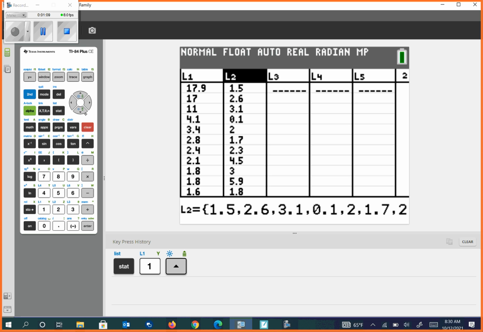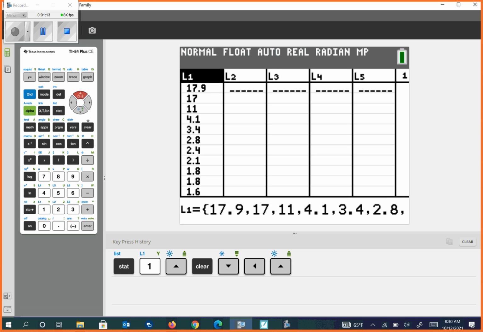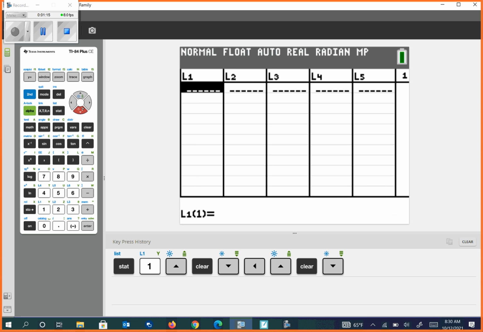All right, so I'm going to start from the bottom of the list and go up. And being that this is a time plot, I don't have to have 2002, 2003, 2004, 2005, etc. I can, but that sometimes becomes extra information. So it's up to you how you want to set your data up.